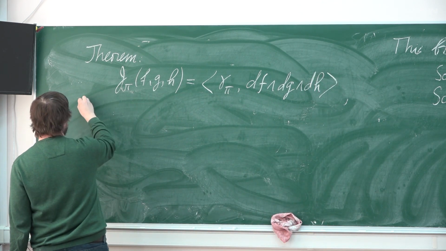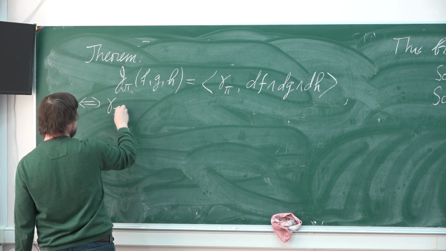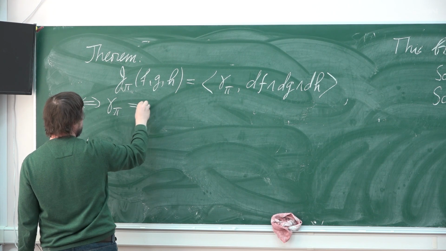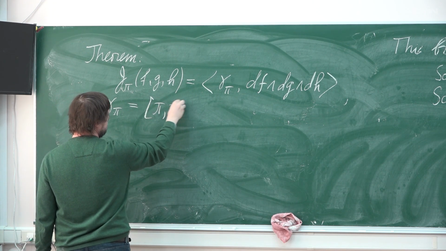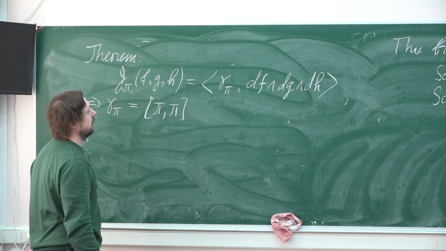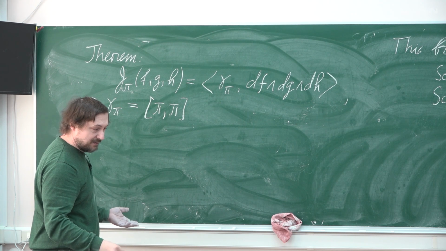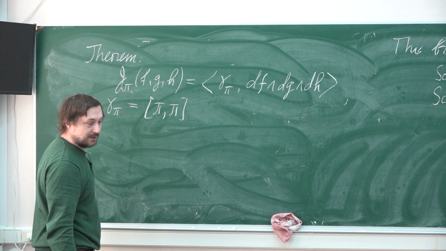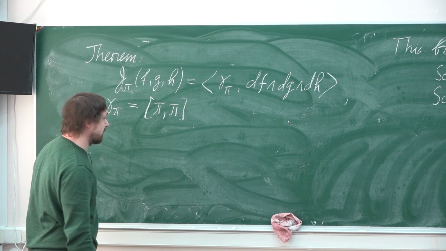In that case, gamma sub pi should be equal to the Schouten bracket of pi with itself. In particular, pi defines a Poisson bracket if and only if its Schouten bracket with itself vanishes identically.